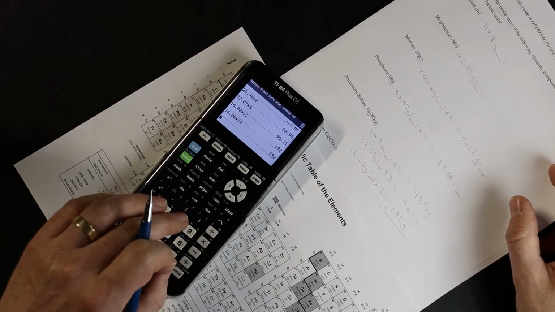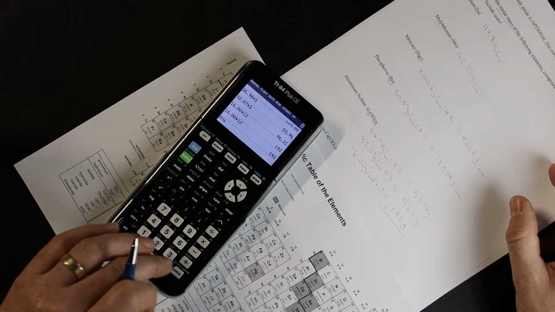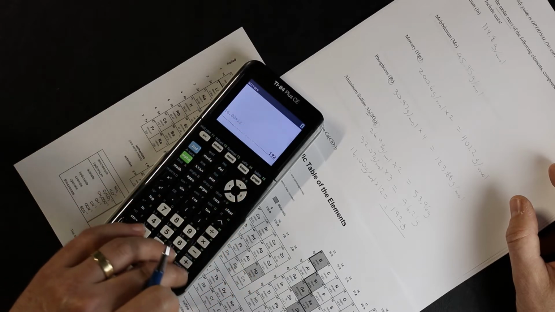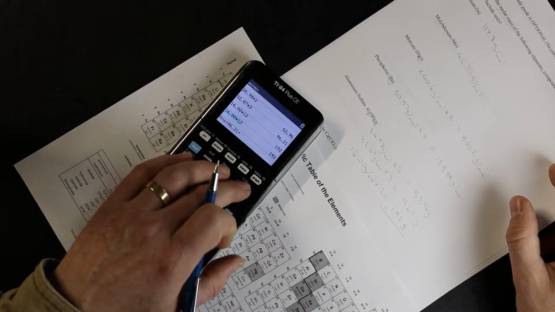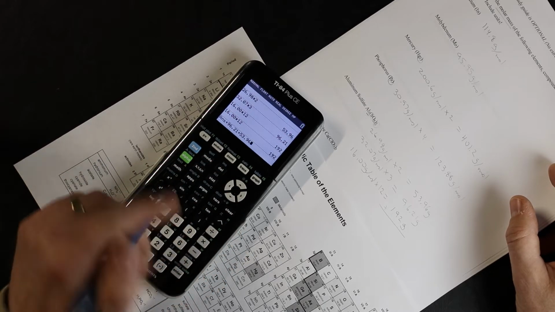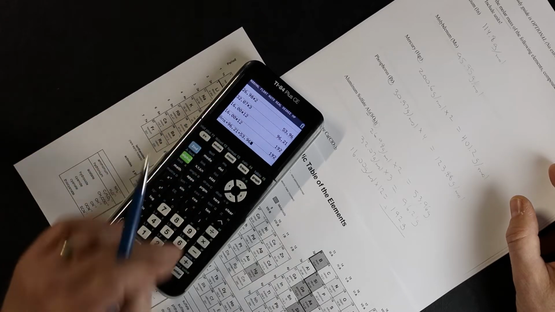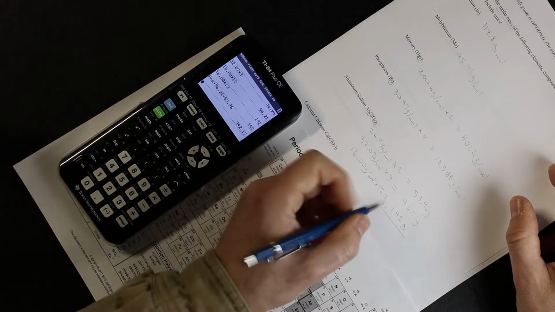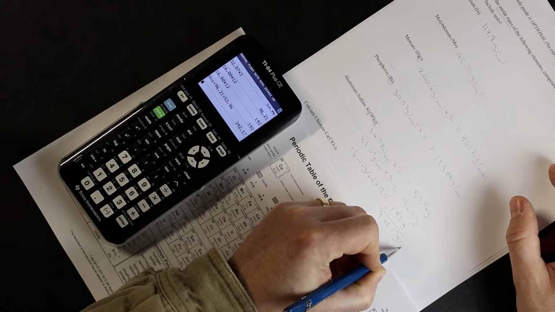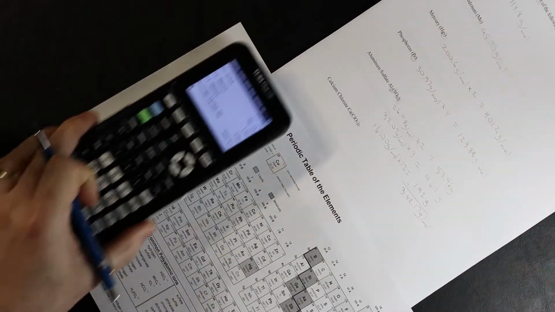So I have my oxygen, my sulfur, and my aluminum. Enter. 342.17 grams per mole.